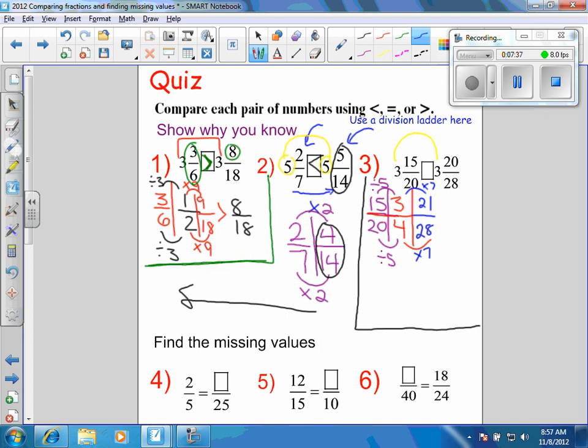Okay, Michaela, help us out here. Andrew, I'm going to come back to you. Because now you know that 21 over 28 is bigger than 20 over 28. Yeah, right? We're comparing this to this. So we're going to put that there.